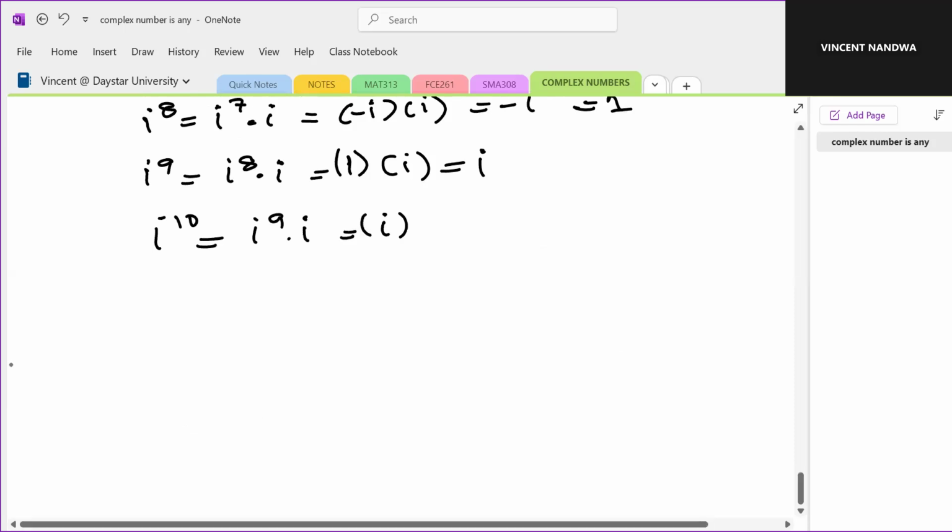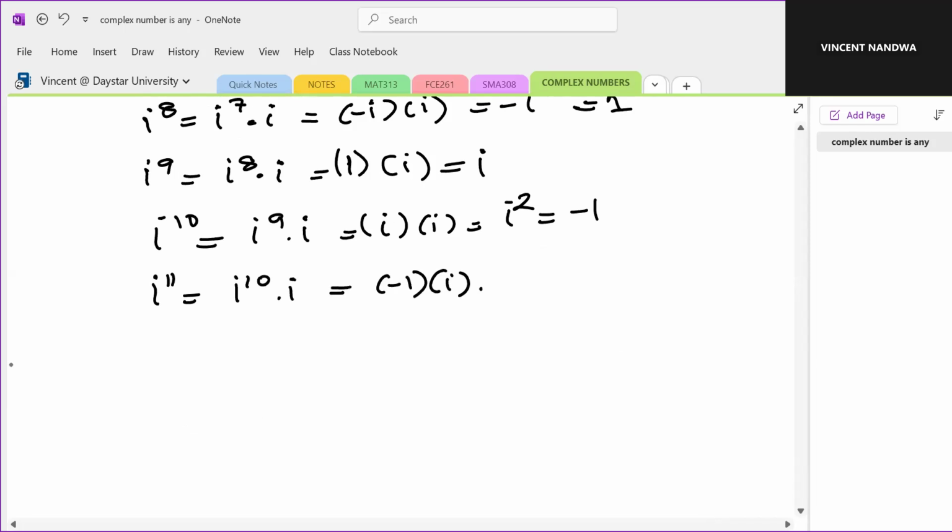So i power 9 we have gotten is i, times i. This will be i squared, which is -1. Then i power 11 is the same as i power 10 times i, which will be -1 times i, and this will give us -i.